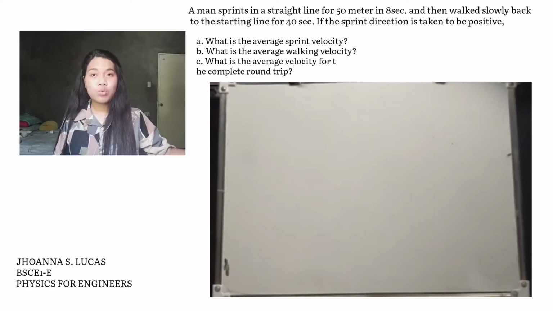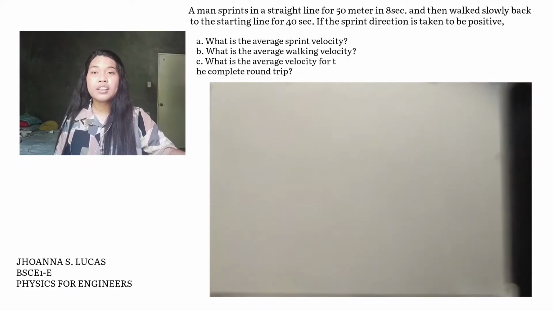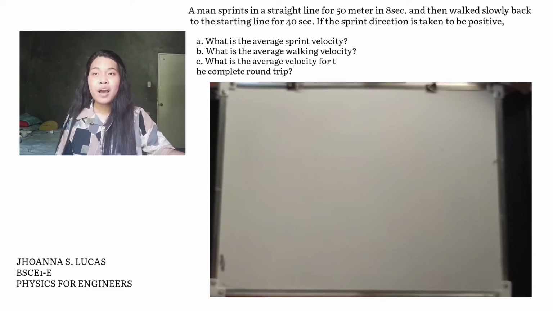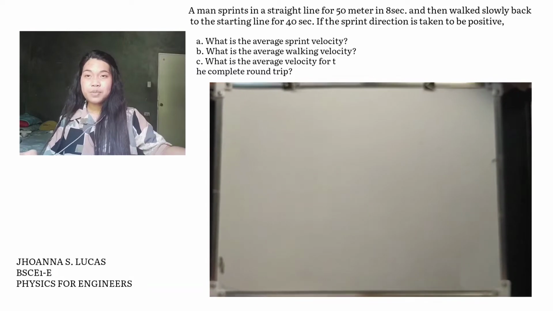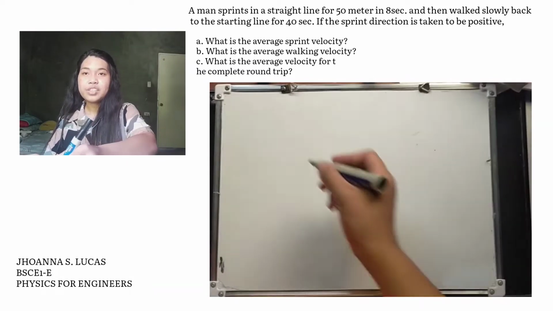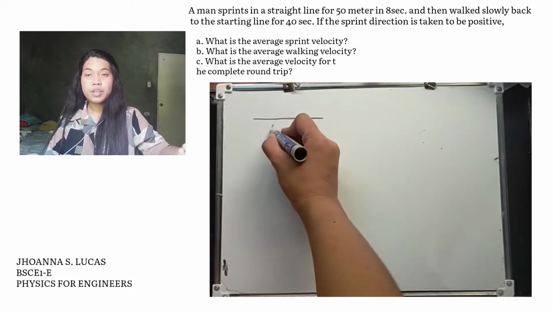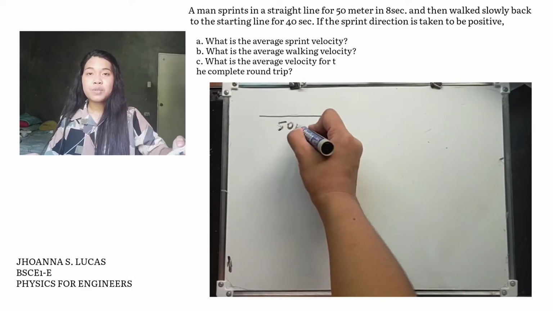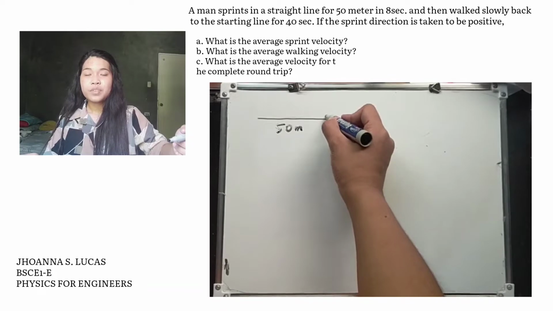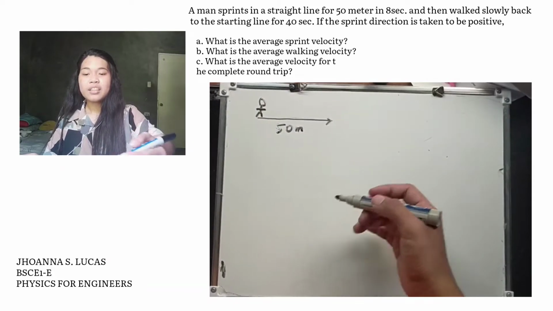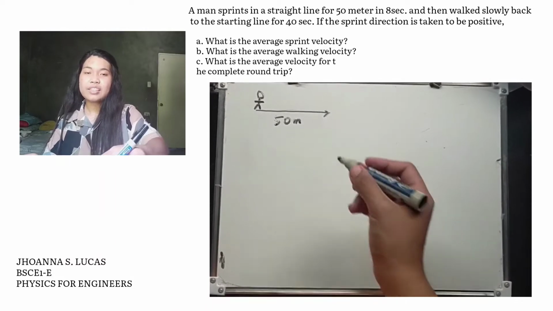First thing we need to do is to draw the problem for us to analyze it easily. According to the problem, a man sprints in a straight line. So, here's the straight line for 50 meters. Since he sprints 50 meters, this will be the 50 meters straight line, and he sprints here for 8 seconds.